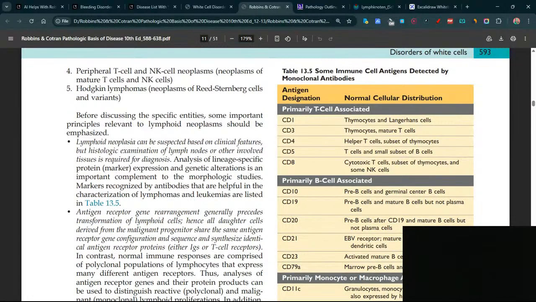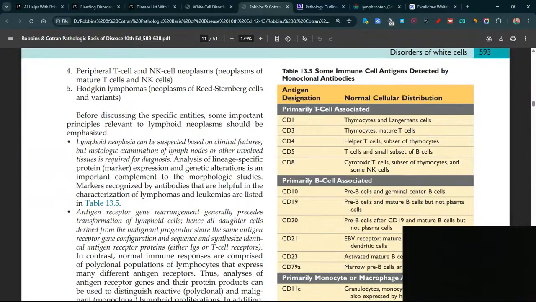So, as I pointed out, we cannot just diagnose them by looking at them. We have to take a piece of the tissue, a biopsy, and look at it under the microscope.